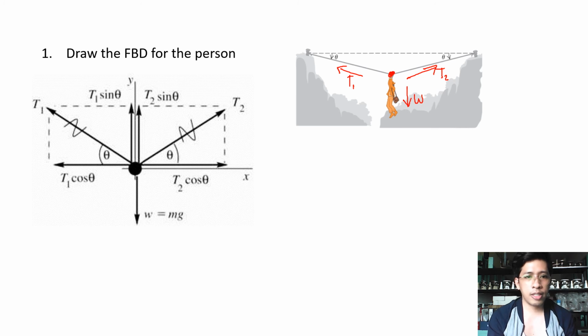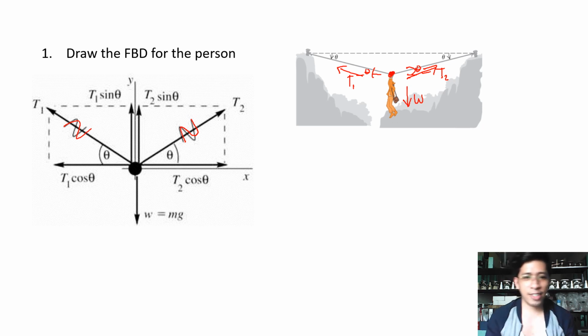And this is projected at some angle theta. So just like before, if you draw parallel lines, this is your theta here, and then we have here your theta, just like in your diagram. And resolve your tensions into the x and y components. So basically, your free body diagram should look like this.